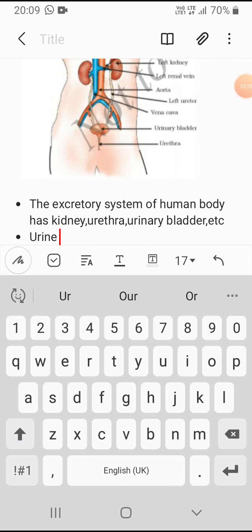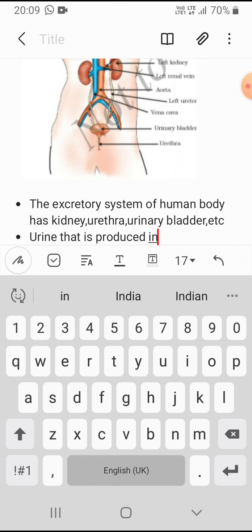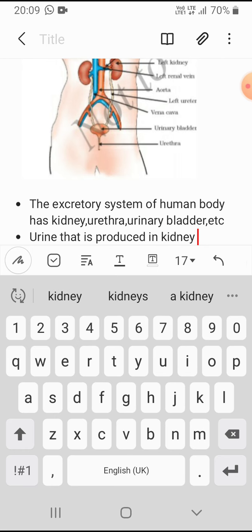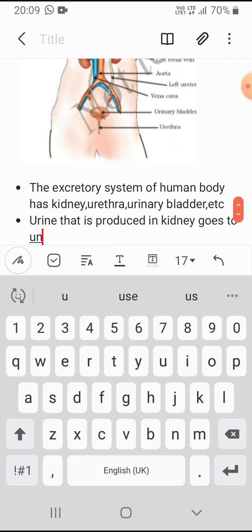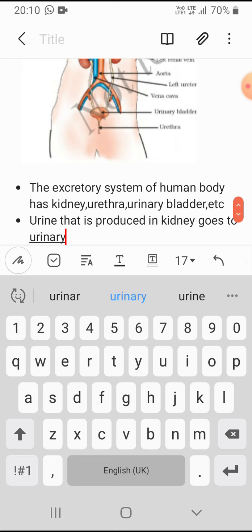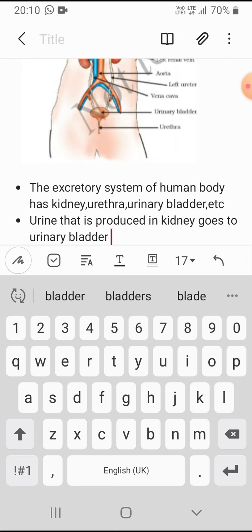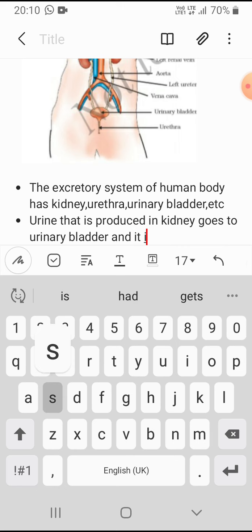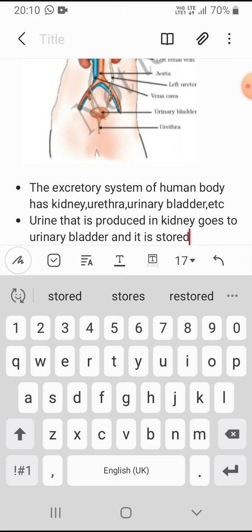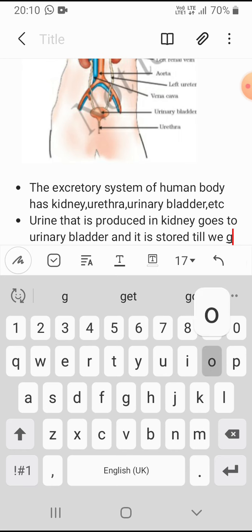Urine that is produced in the kidney goes to the urinary bladder, and it is stored till we go to urinate.